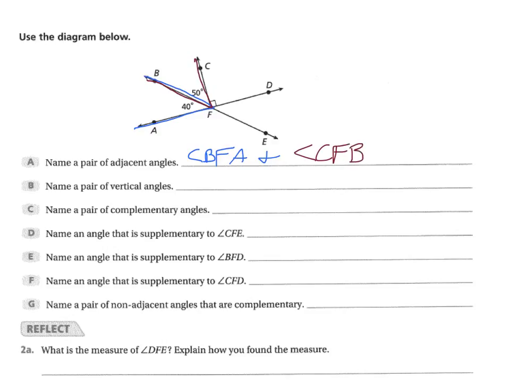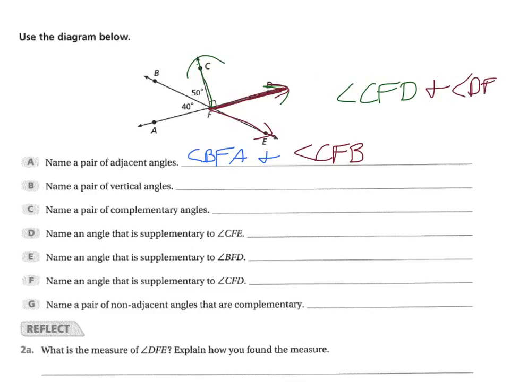They are adjacent because they share this common side. Okay. We could actually find another one here. We have also CFD and what's one that's adjacent to it? DFE. Again, they're adjacent because they share this common side. So we'll just look at those examples.